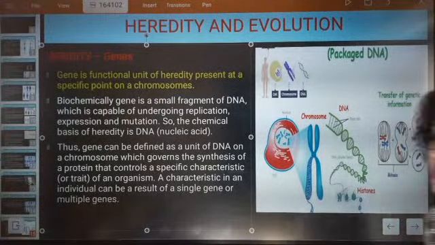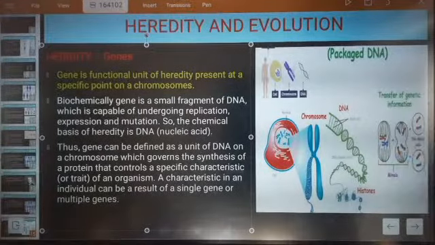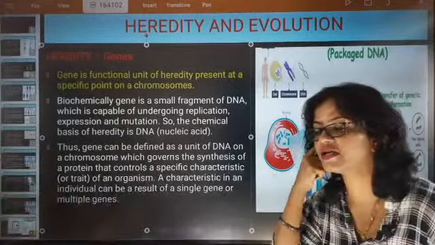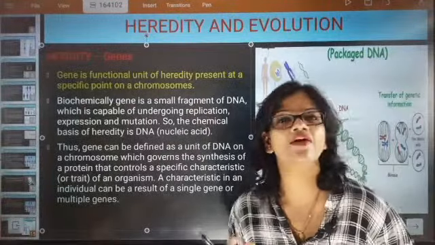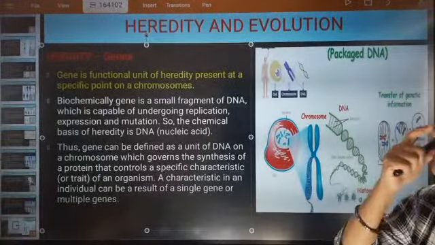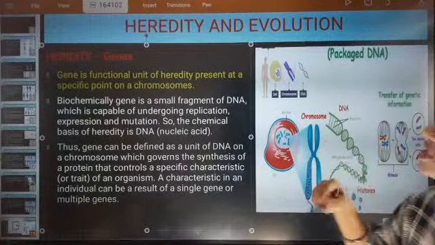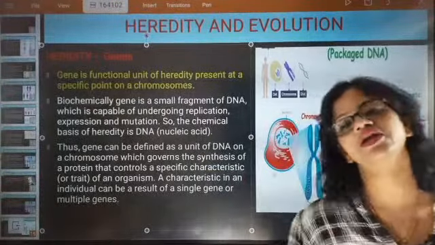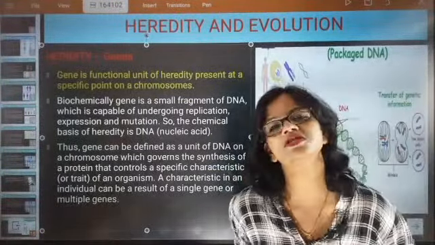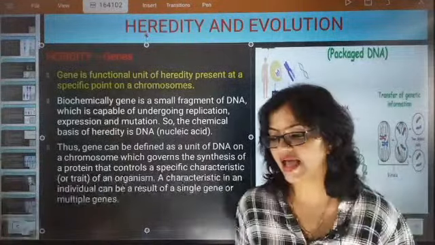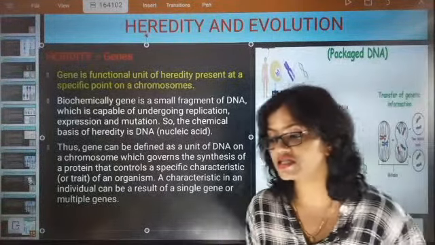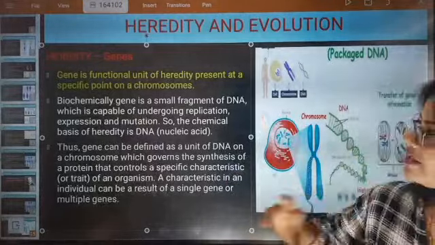Inside a cell, chromosomes will be present, and these chromosomes have DNA. Now what we have seen is that a gene is a unit of heredity. Why? Because the gene is the one which contains the character or the trait.